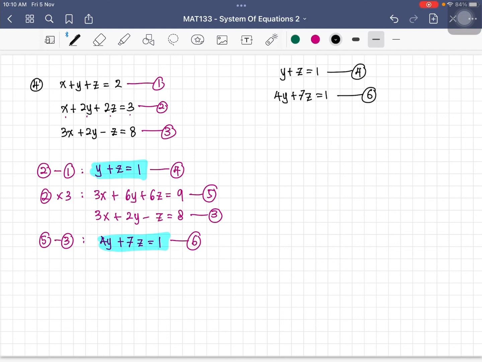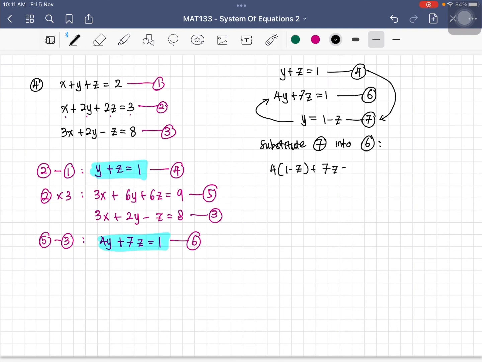You can use elimination or substitution. In this case, let me write equation number 7 from equation 4, so y becomes 1 minus z. So this is equation number 7. I substitute 7 into equation number 6, so when I substitute, I have 4 times 1 minus z plus 7z equals 1.